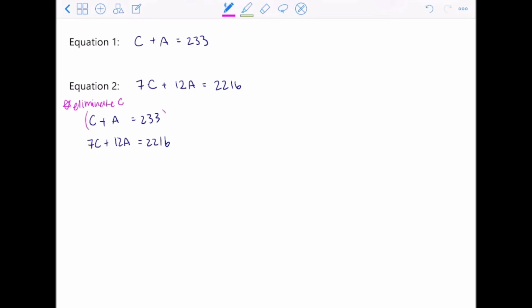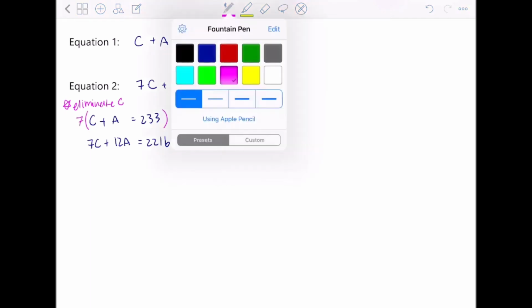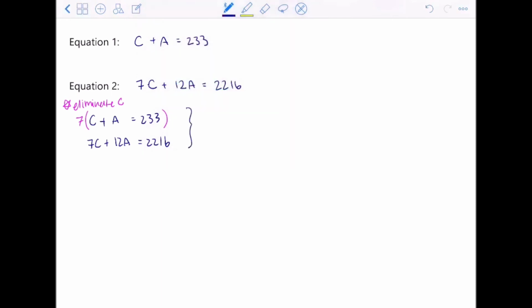We will first have to multiply the first equation by 7, because LCM of 1 and 7 is 7. Let's rewrite it. First equation becomes 7C plus 7A equals 1631. Second equation carries over. And now we confirm that the coefficient in front of C are equal, so I can just subtract the second equation from the first one.